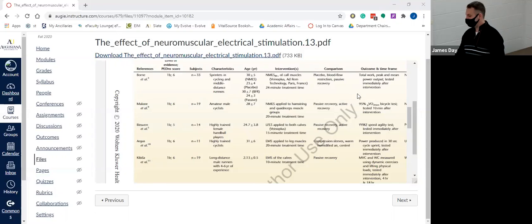So this is where the outcome would be hamstring range of motion, even though they measured 25 different ranges of motion. Whatever outcomes you think match your research question and you want to use in your interpretation on whether or not your research question is true or false, that goes in that column.